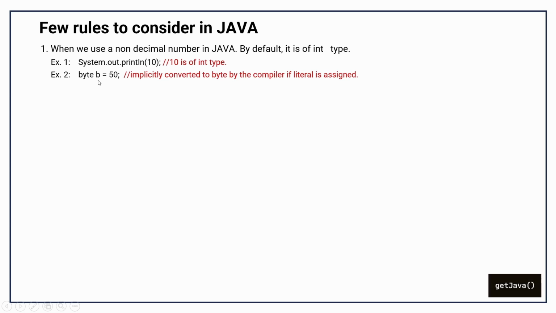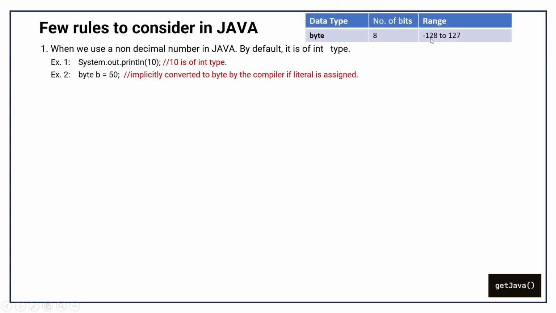So first it will check the range of byte data type, which is from -128 to 127. The compiler will see, okay, this 50 can be accommodated inside this byte type variable because it is within the range of byte type variable.